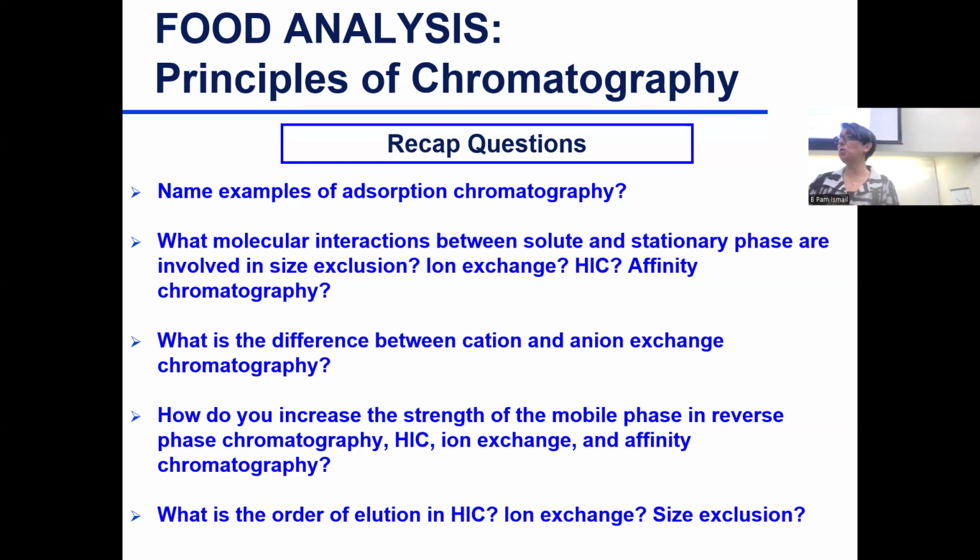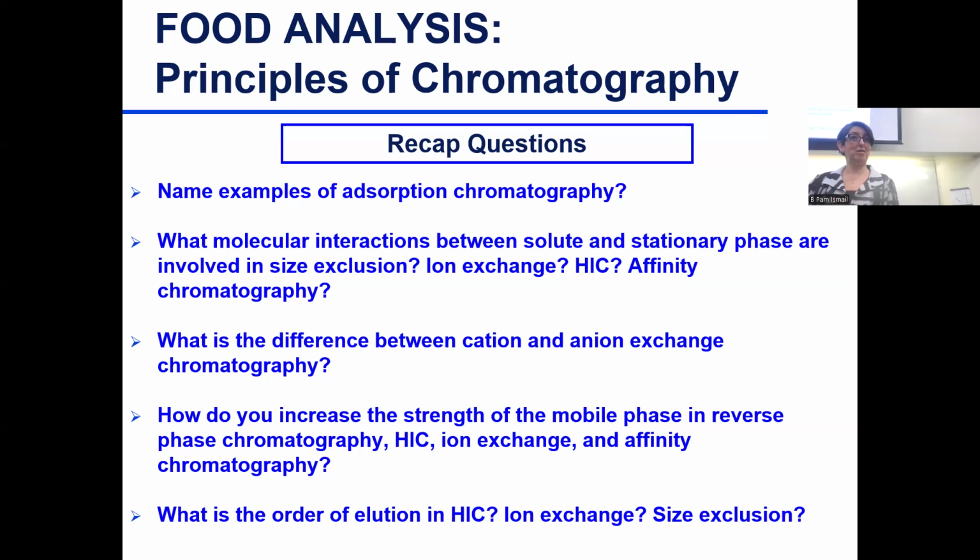So we talked about one other form that can be under adsorption chromatography. HILIC is a form of normal phase, can be run mostly as partition. The other one.